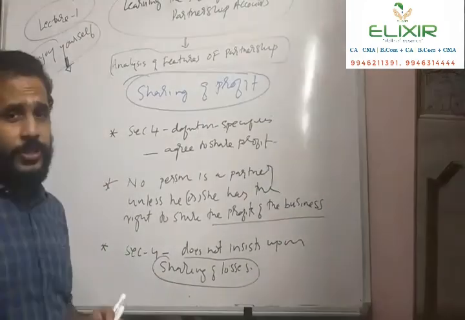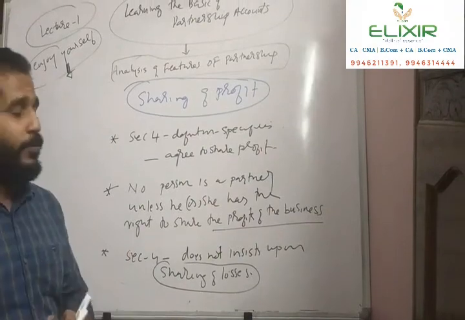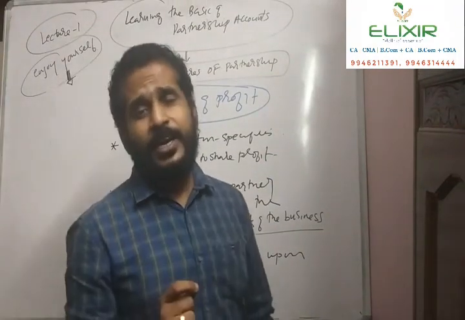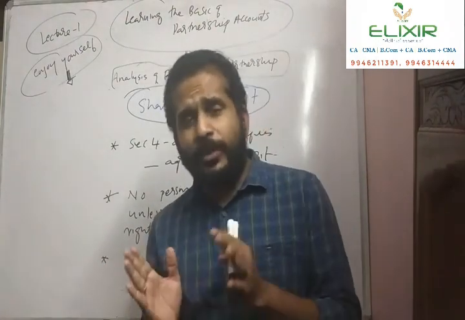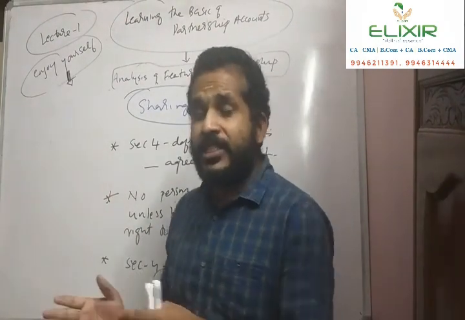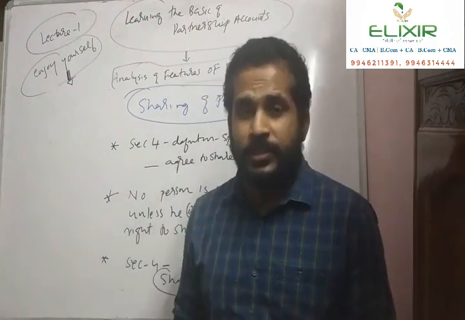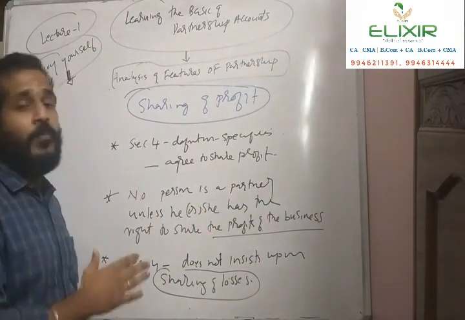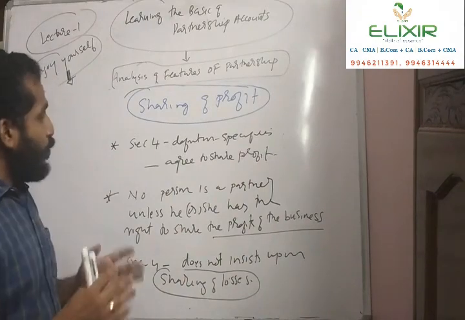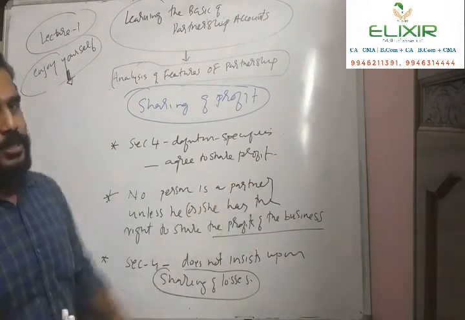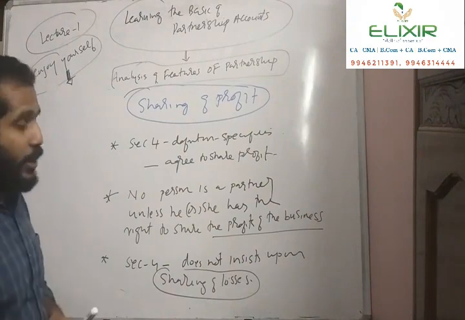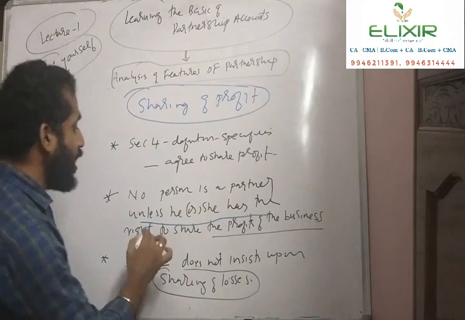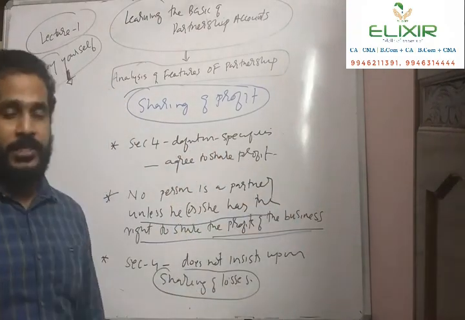Moving on to the next feature, that is sharing of profit. Section 4, the definition, clearly specifies that the relation of persons is to agree to share the profits of the business. So sharing of profit is an important concept in the case of partnership business, and no person is a partner unless he or she has the right to share the profits of the business.